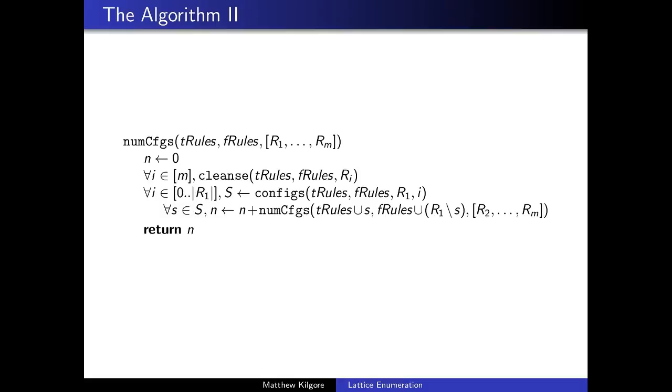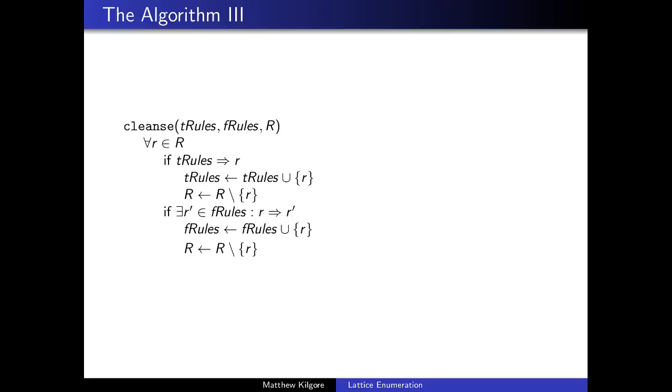Then, for every value i from 0 to the size of the first part of the partition, we're going to get a set of sets of true rules from the routine configs, with true rules, false rules, R1 and i. We're then going to recursively call num_configs on every element that is a set of true rules within this set, and we're going to add it to the existing n, and then we return n.